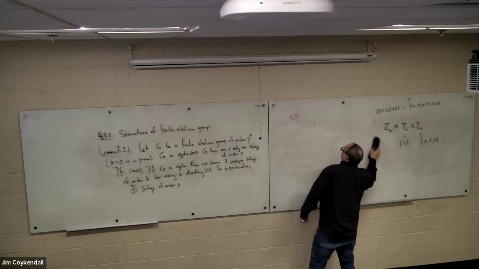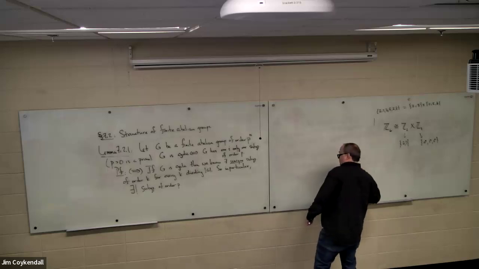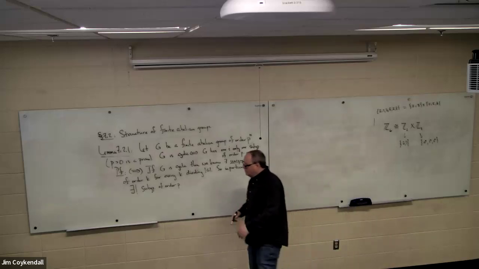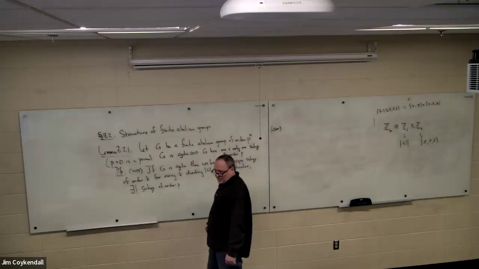If it's cyclic, there can only be one subgroup of order P. And of course, we know the subgroup of order P exists from our homework, Cauchy, a number of sources, if you will.